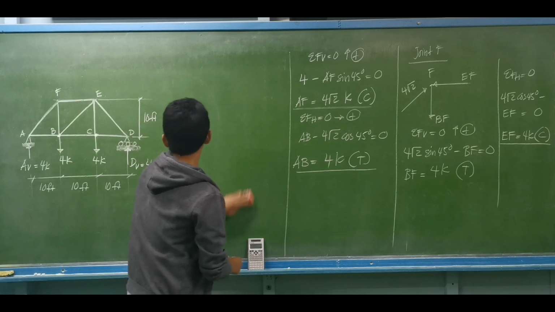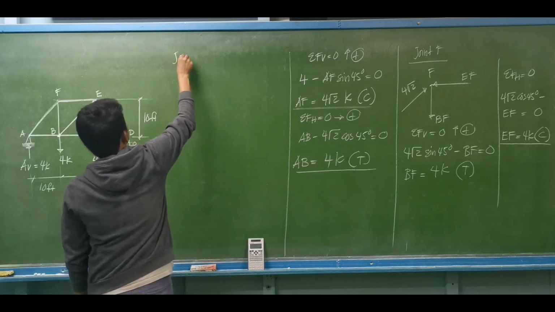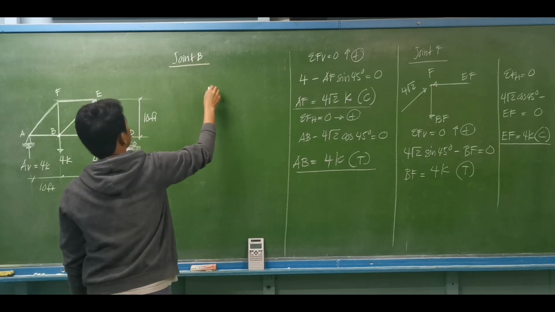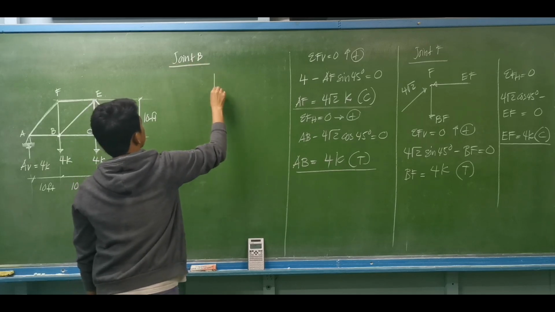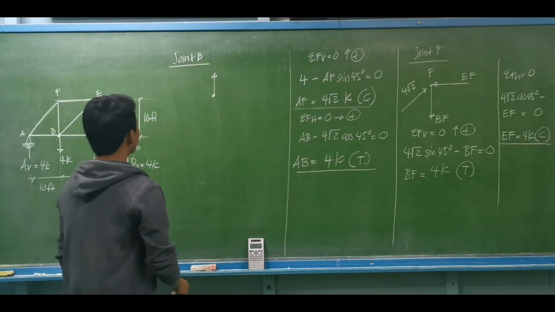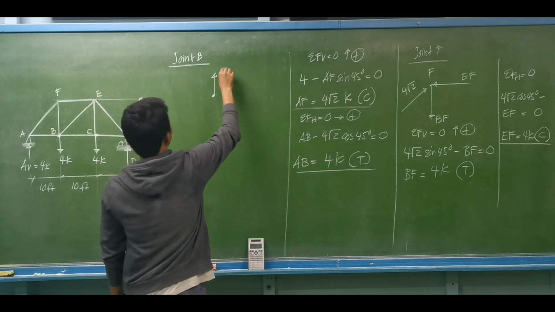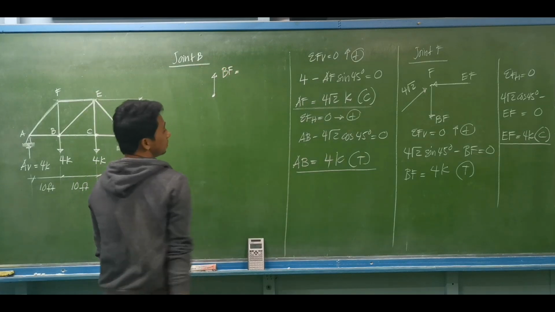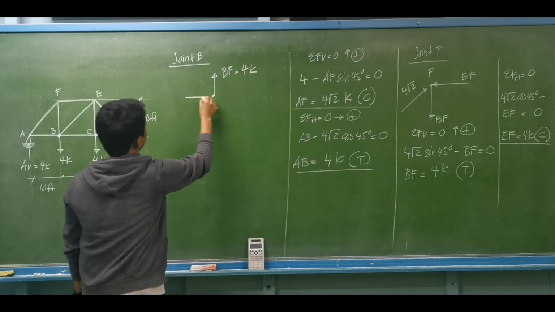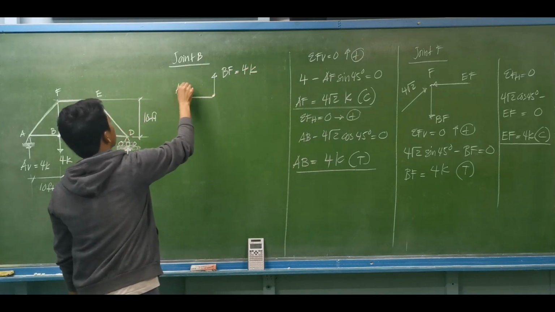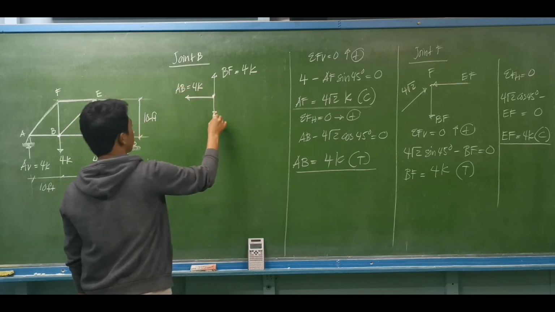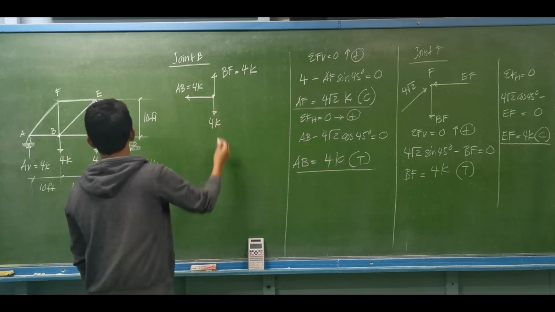Then let's say at joint B, the magnitude of BF is equal to 4 kips under tension. We have member AB also 4 kips, and under tension, we have the load 4 kips downward.